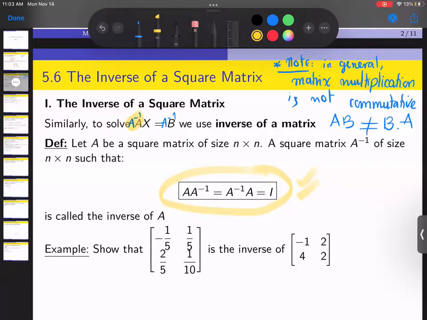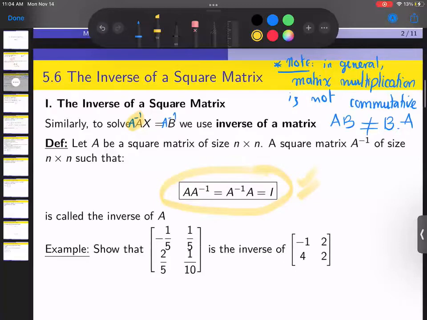First of all, it's the same size. Say 3 by 3, the most popular size: A inverse is still 3 by 3, and that means you are able to multiply back and forth both ways. The second point is that all the entries inside A are the same. A and A inverse are not the same per se, but A here and A here is not changed.